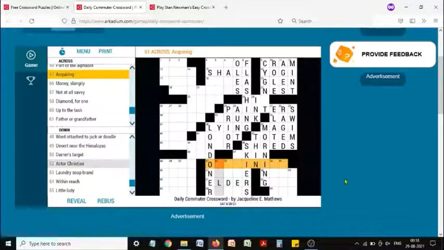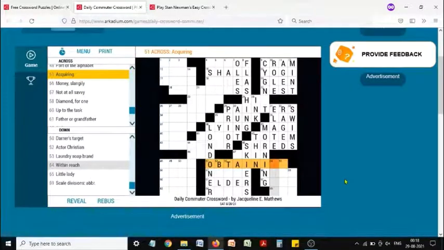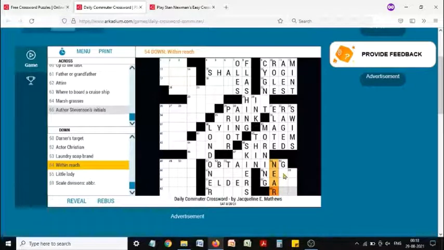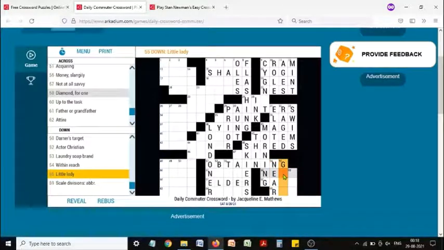Okay, to acquire is to obtain something. Within reach is near. And little lady is a girl.